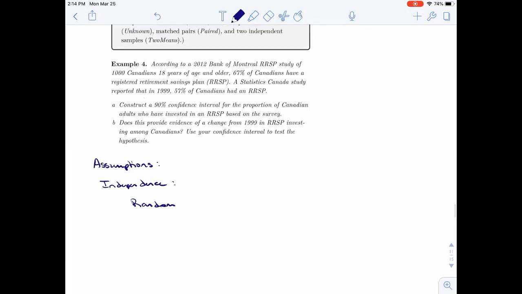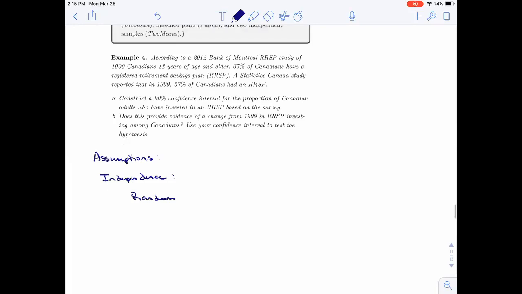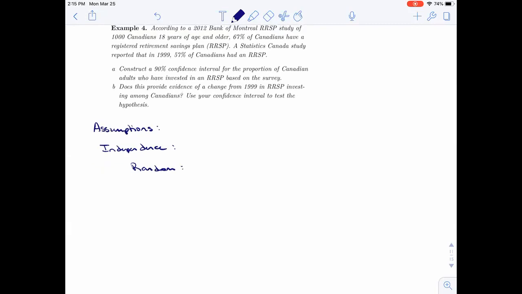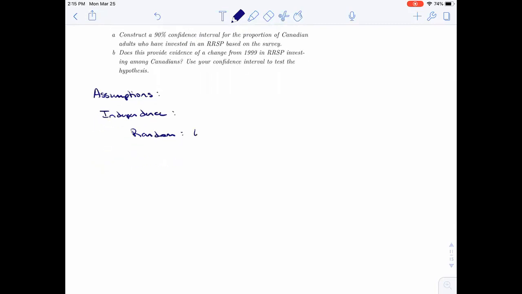It doesn't actually say whether the Bank of Montreal collected a random sample, but with these assumptions, it's more about stating things that we have to assume to go forward. So we are assuming that the Bank of Montreal collected a random sample. So the first step is, do we have a random sample?